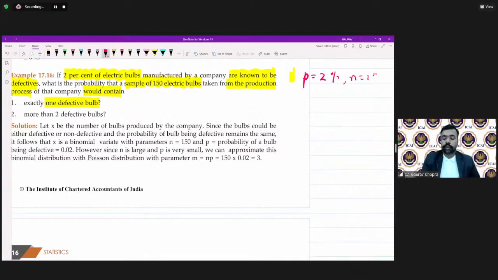So N is equal to 150. So from these two, we can calculate mean. 150 multiplied by 2%. That is 3. So mean is equal to 3. Now, what is our requirement? Exactly one defective bulb. So X will be equal to 1.